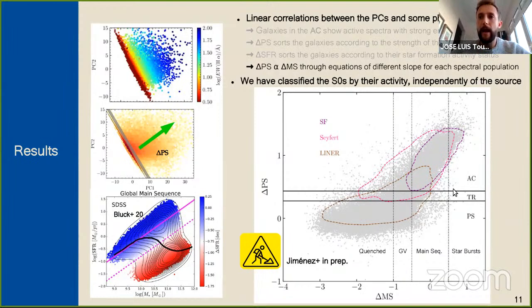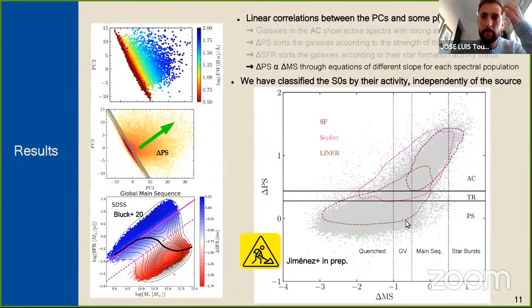And we see that our active mode is made mainly by star-forming galaxies, right, from the main sequence, but also we find some in the region of the Green Valley and some in the region of quenched galaxies. But they are inside our group of active S0s because most likely they show this Seyfert emission, right?